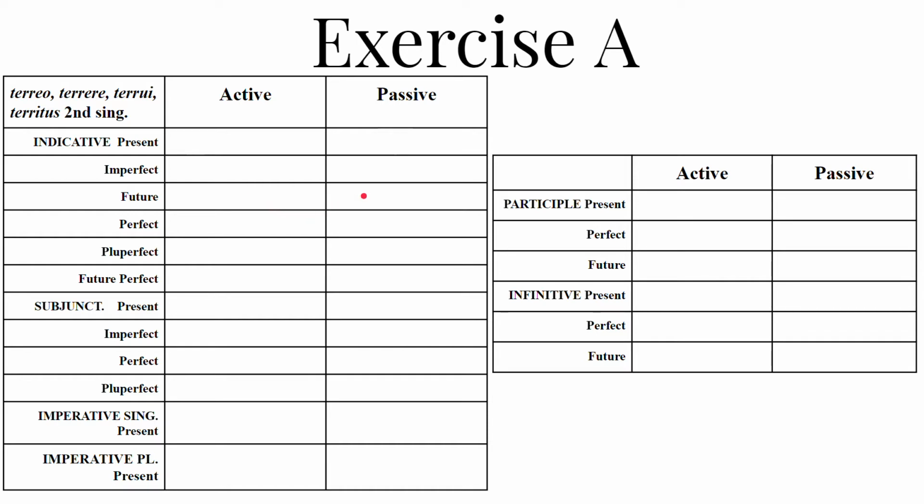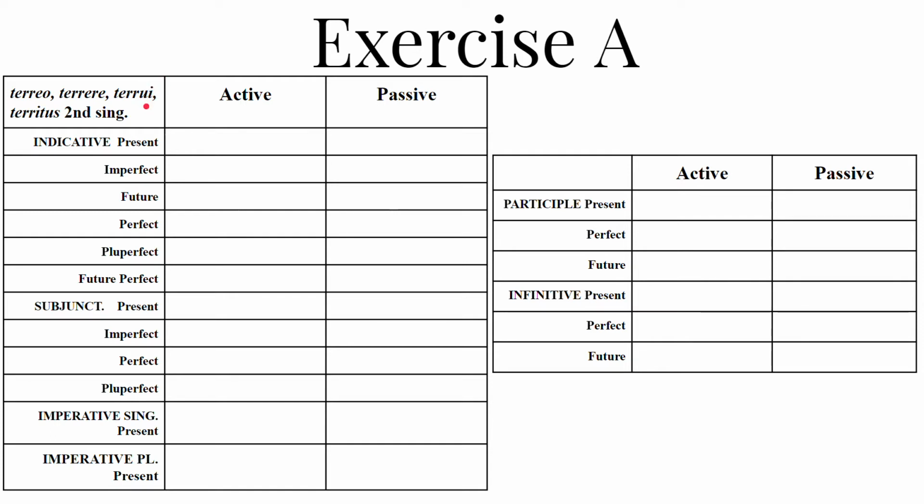The passive, terreberis, B-E-R-I-S, not B-I, terreberis. The perfect, pluperfect, and future perfect actives will be formed from the third principal part minus the I.